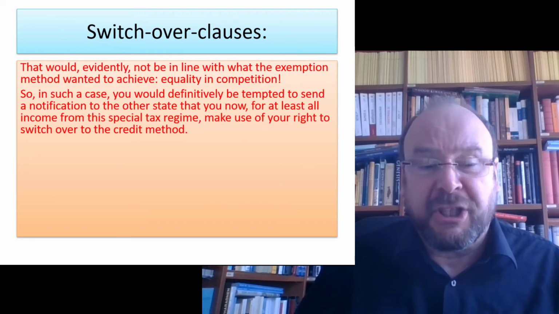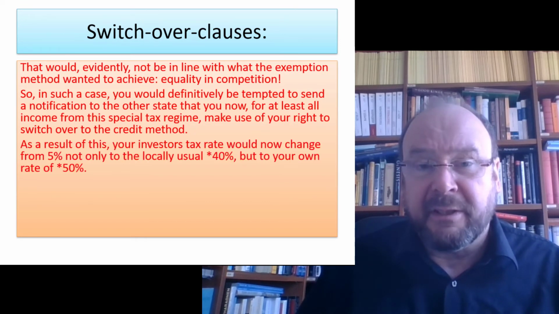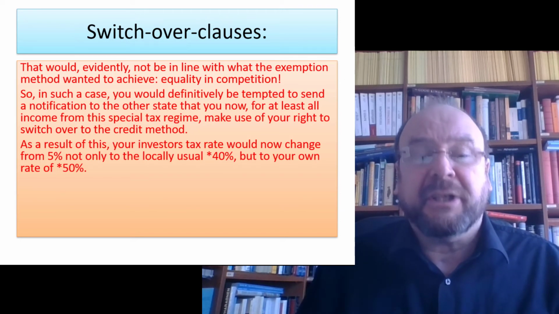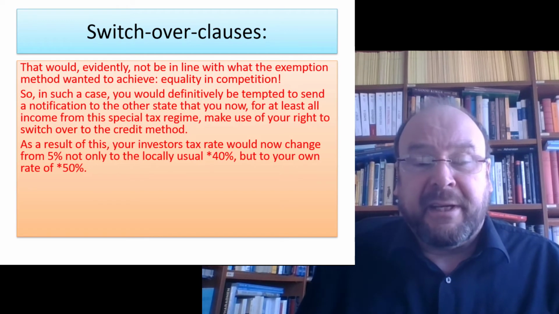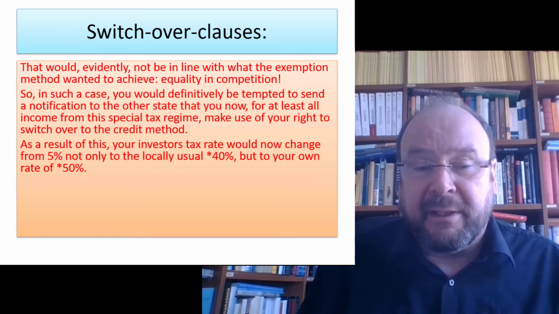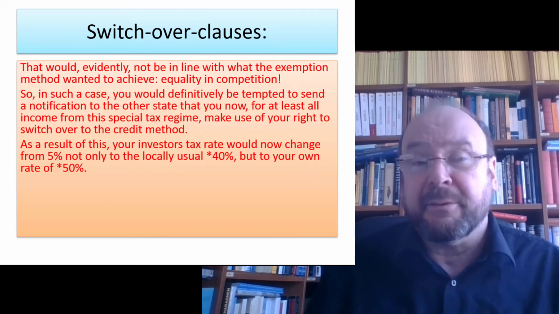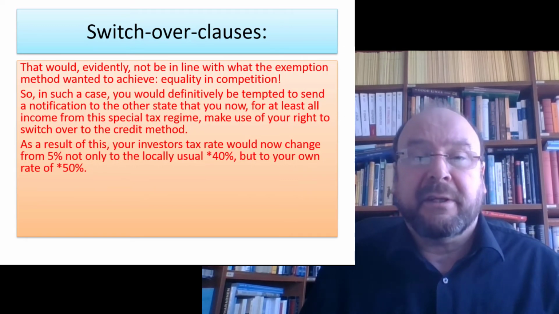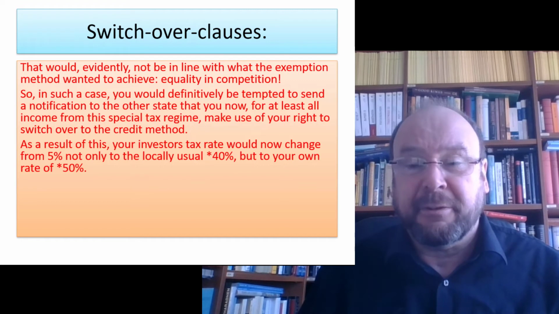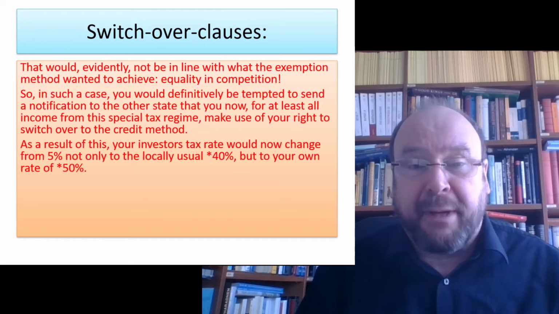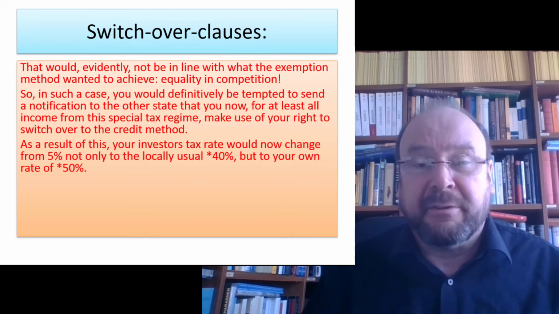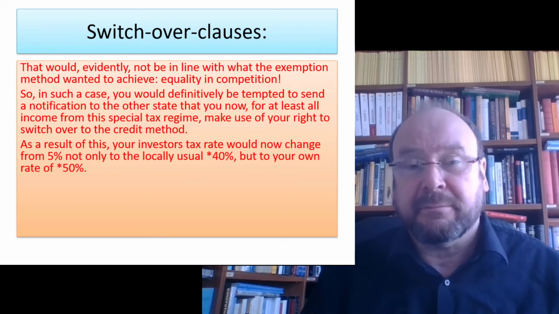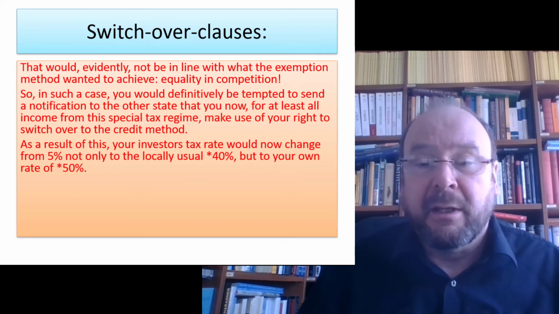Now we change, at least for all income from that specific tax regime in your country, to the credit method. Then the 5% are gone, and our investors don't end up with your local rate of 40%, but they end up on our tax level of 50%. So it backfires strongly to make such an offer to investors from a switchover clause country.